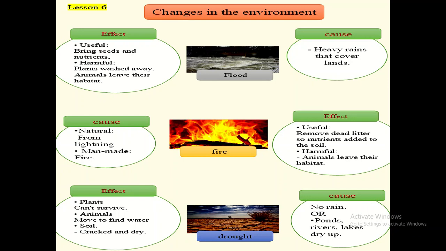Plants can't survive. Animals move to find water and soil cracked and dry. The cause of drought: no rain or ponds, rivers and lakes dry up.